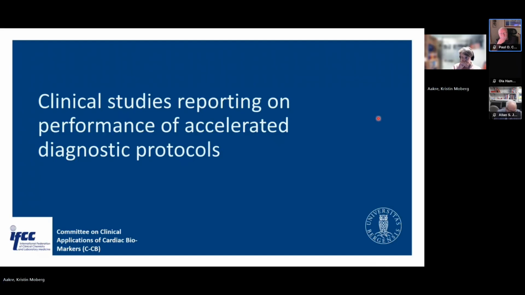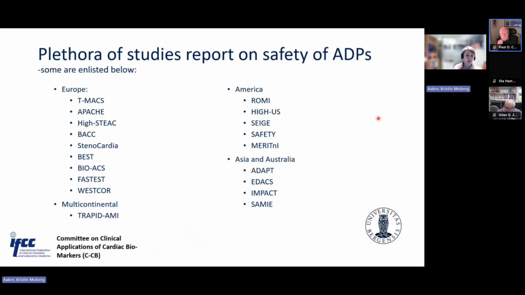So, what do the clinical studies report on the performance of accelerated diagnostic protocols? Is it safe? Well, there is a plethora of studies reporting on this. Most of them are observational studies, which of course is not on the top hierarchy of scientific evidence, but for diagnostic studies, that is usually regarded okay.